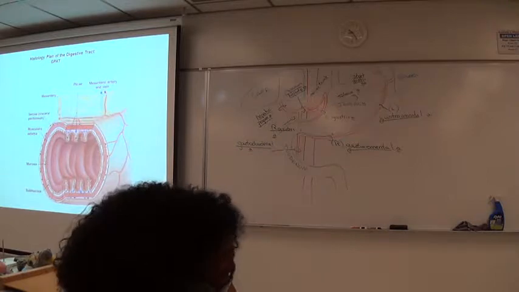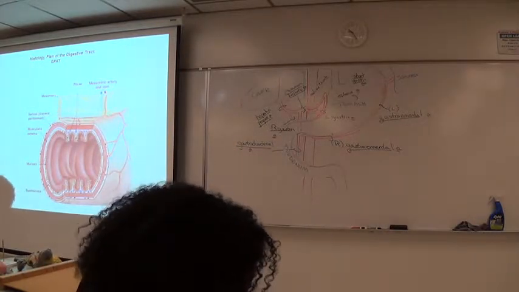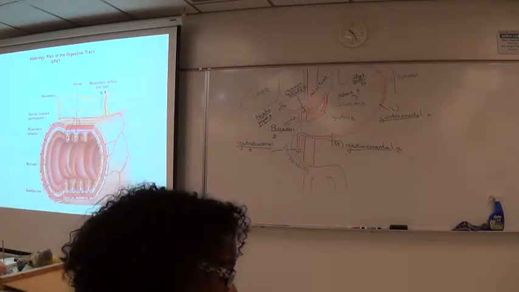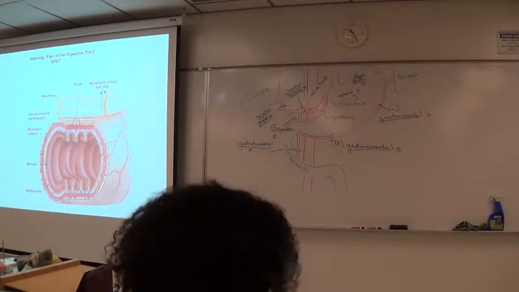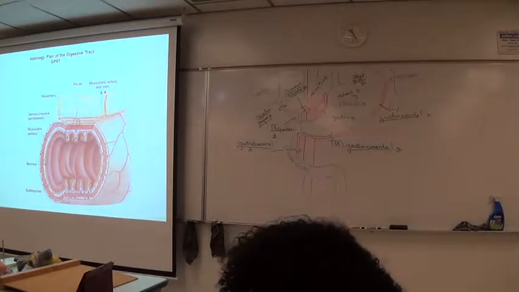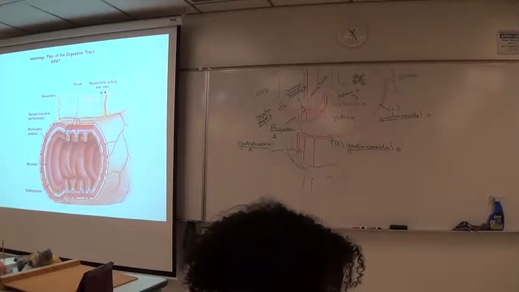It's not complicated as far as the epithelium itself. Only two epithelia line the digestive organs. We start out with non-keratinized stratified squamous of the mouth and esophagus. We switch to simple columnar in the stomach, the small intestine, the large intestine, and the rectum. And then the anal canal is back to non-keratinized stratified squamous again.